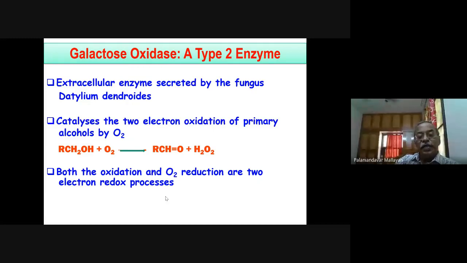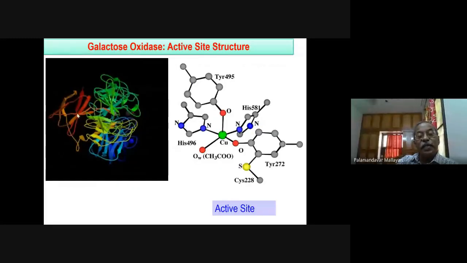Okay, so here is the enzyme. Here is the enzyme active site, the enzyme structure, galactose oxidase. This enzyme active structure was published in 91 or so, and we published our model in 92 when we communicated our results to Dalton Transactions.